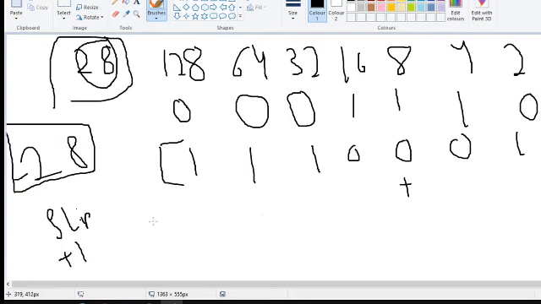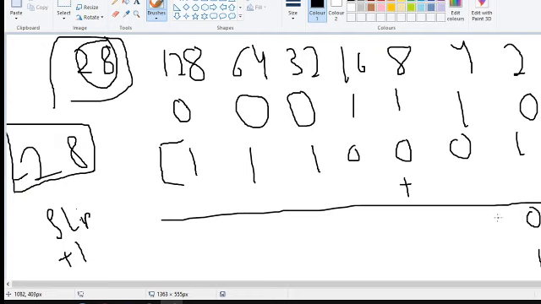When you plus 1, this becomes 0, this is binary addition, you carry the 1, that becomes 0, you carry the 1, and then it's 0, 0, 1, 1, 1. And that's it pretty much. That is how you calculate 2's complement.